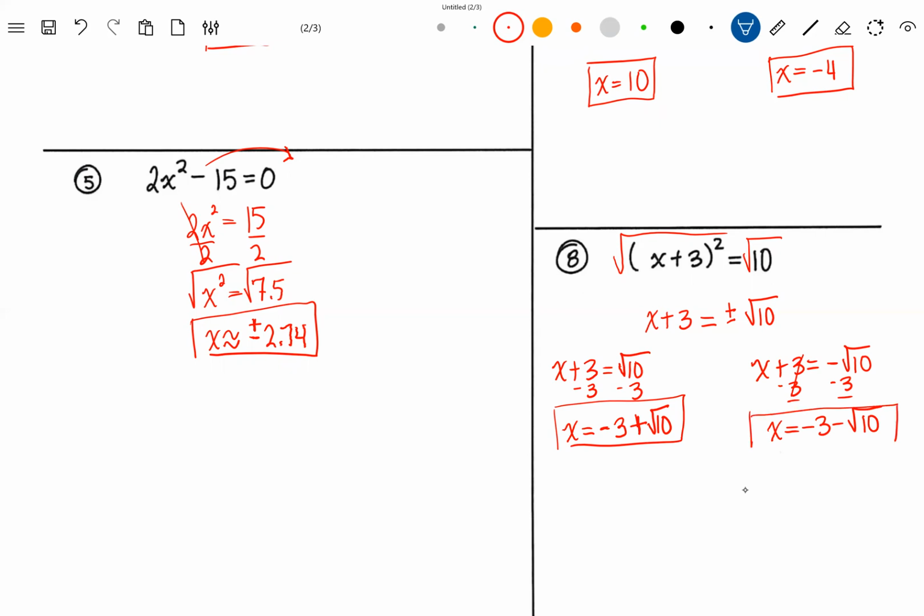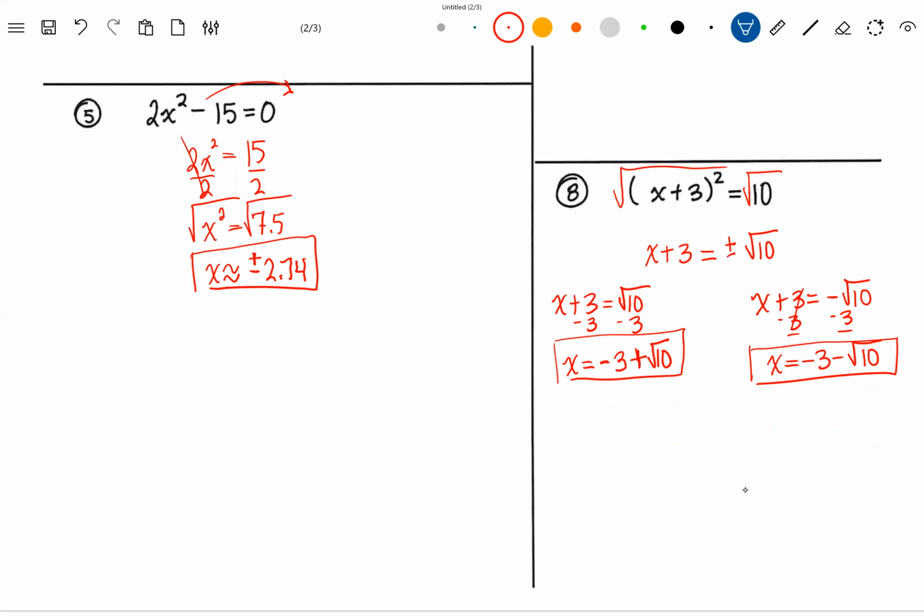These are exact values. If I want them rounded, I would type into my calculator negative 3 plus the square root of 10, and that would give me about 0.16. Then in the calculator, negative 3 minus the square root of 10, that would give me about negative 6.16.